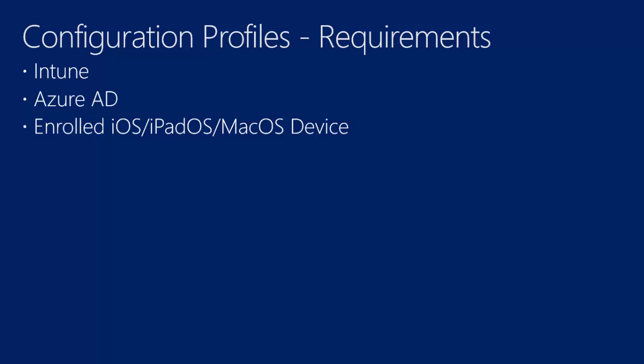That's not the same option for any other device type, right? With an Apple device, you don't really have the concept of joining Azure AD per se. You don't with Google either, but you do have the option to register your device in Azure AD, which is really required for the device to be Intune managed.